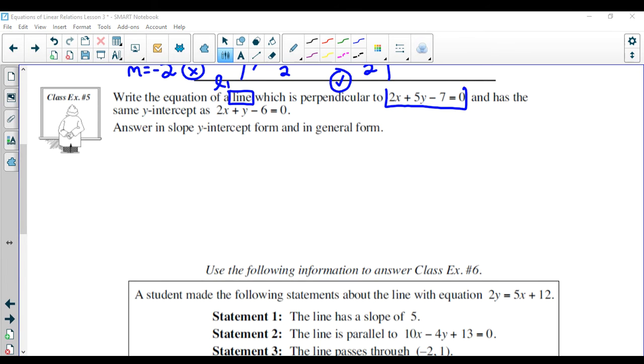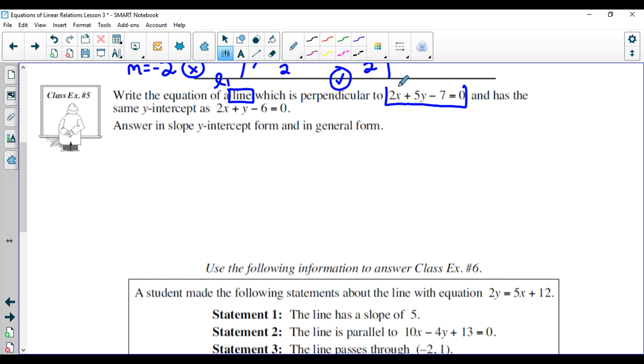And then it says this line must be perpendicular to this one. So we're going to call that line 2. And then it needs to have the same y-intercept as this one. So we're going to call this one line number 3.